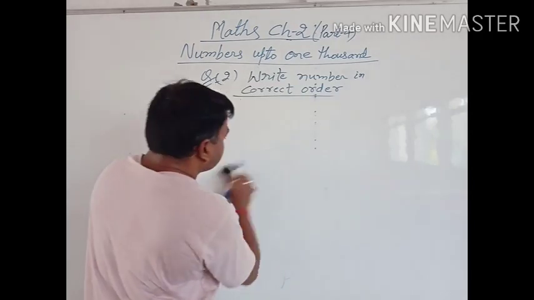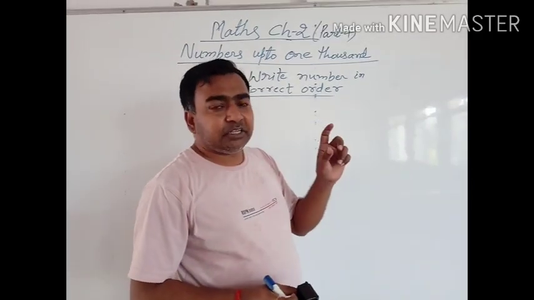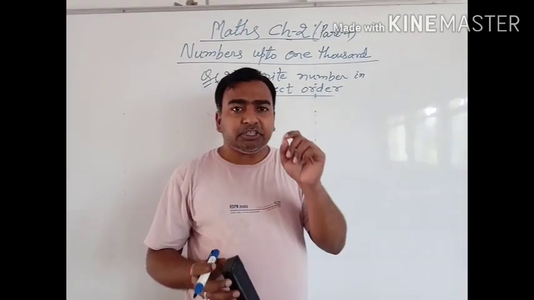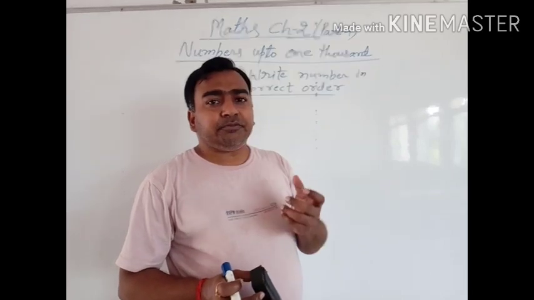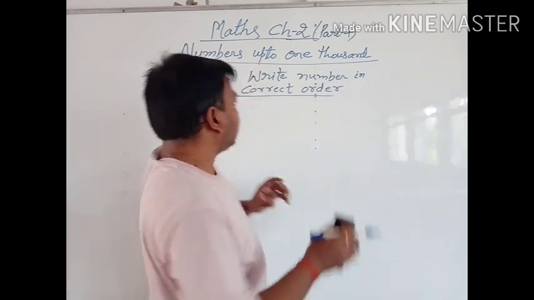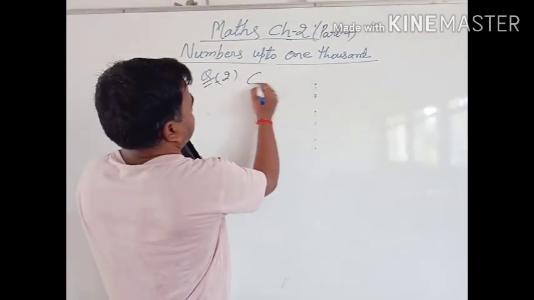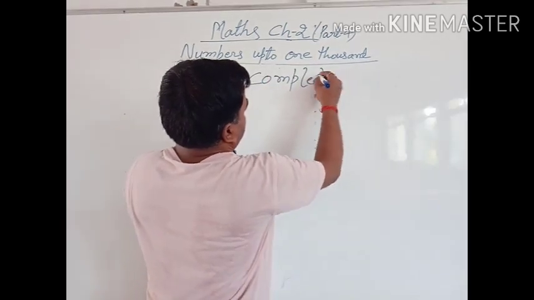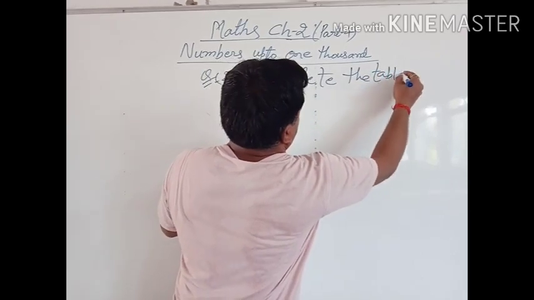Now we will learn to complete the table. If some numbers are given that follow a special pattern, we have to follow the same pattern to complete the given table. For example, complete the table.